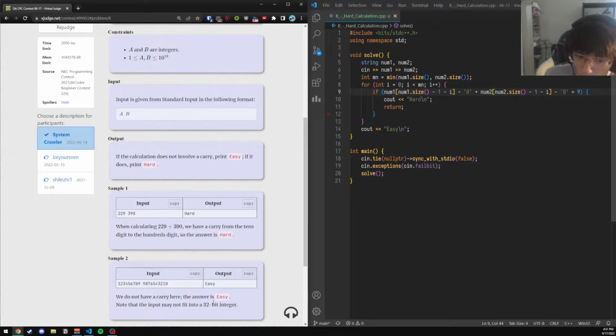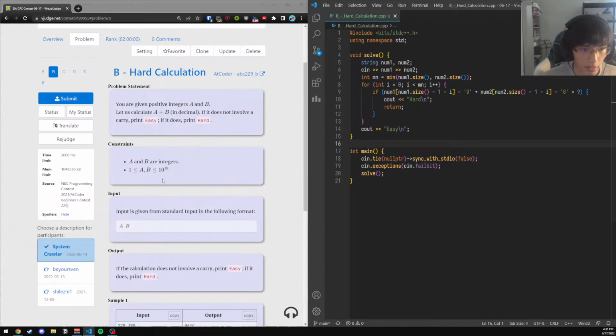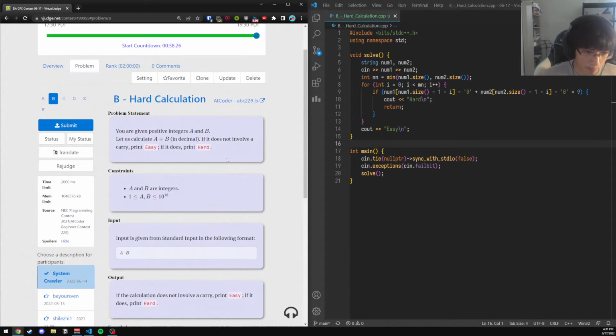So I think you do have to check individually for each place, which means you have to go in maybe a while loop or something, and keep on adding each of the smallest digits together, and then divide by 10 and add, divide by 10 and add, something like that. Or you could do something like this, use a string. So either way will work for problem B.